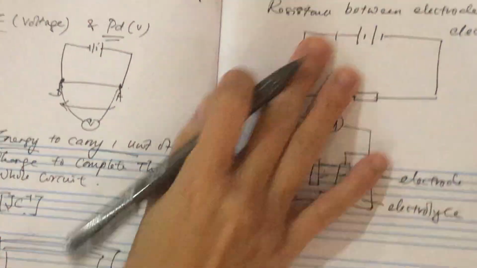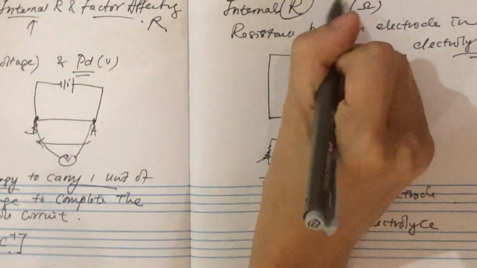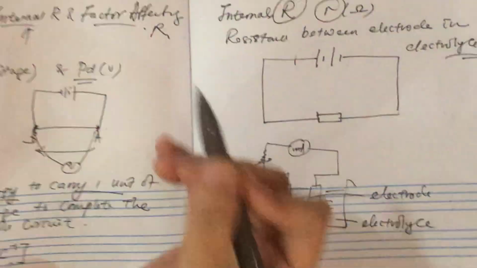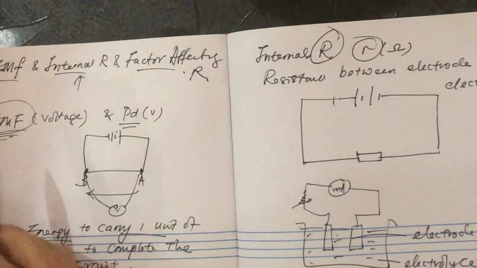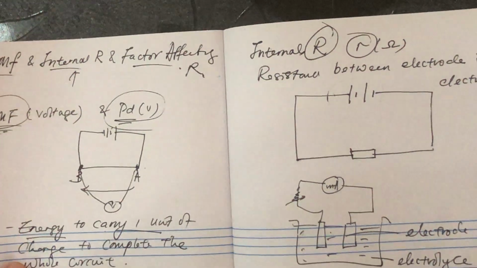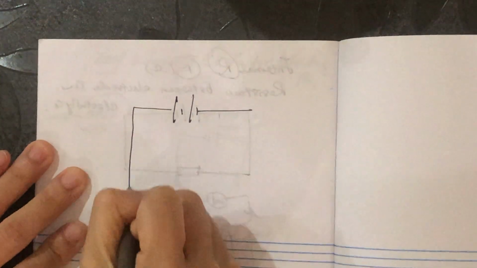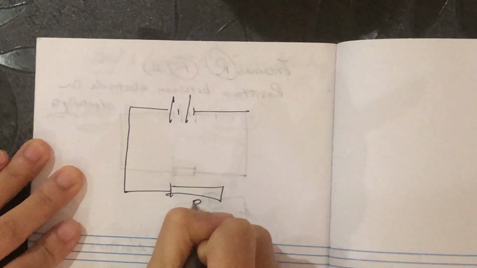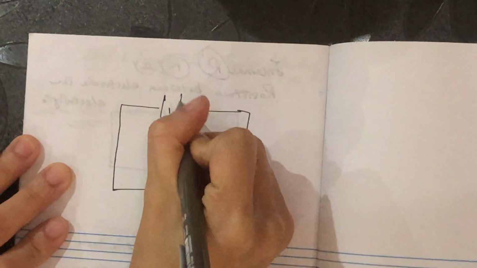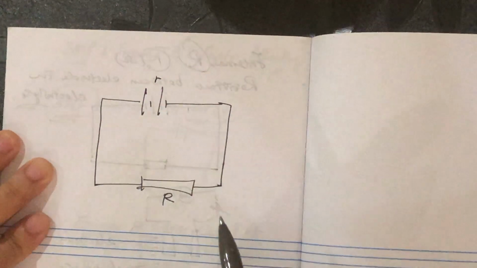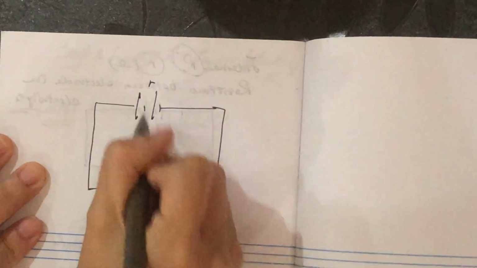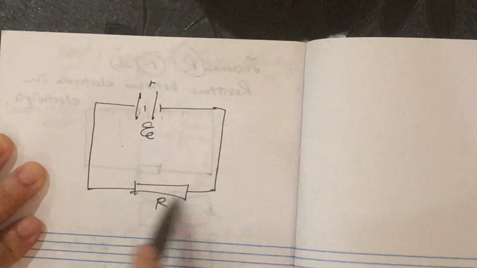Okay, so how do we link big resistance and small resistance together, and how do we link EMF, electromotive force, and potential difference together? We have a formula. Again, I need another circuit. So this is big resistance, and then imagine that we have small resistance inside. And the power supply is EMF, because you have to complete the whole circuit, right?